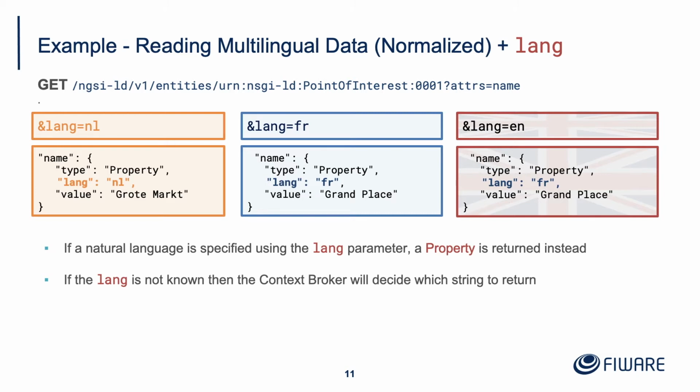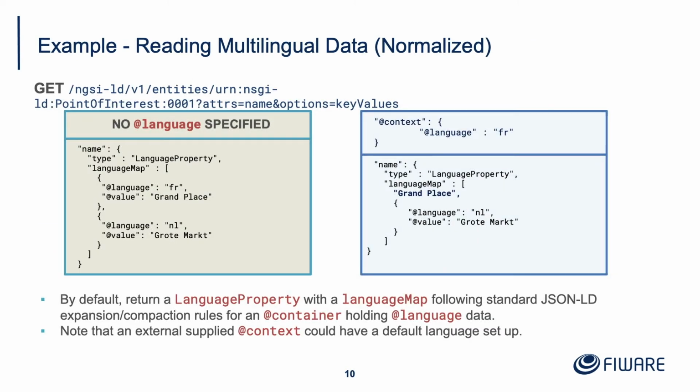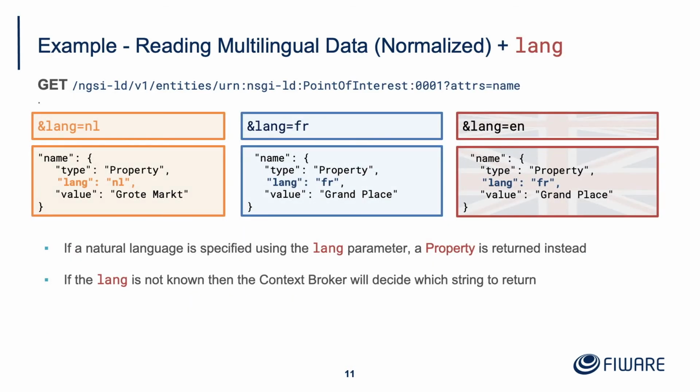If, instead of just getting the name attribute, you put name and lang followed by a BCP 47 code like NL for Dutch, what will happen is that rather than treating the object as a language property, it is now all of a sudden treated like a property.